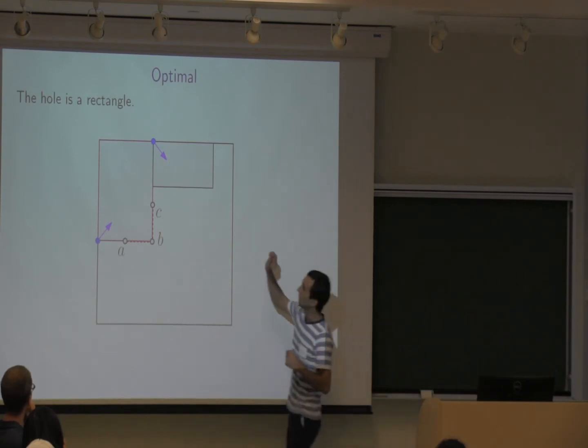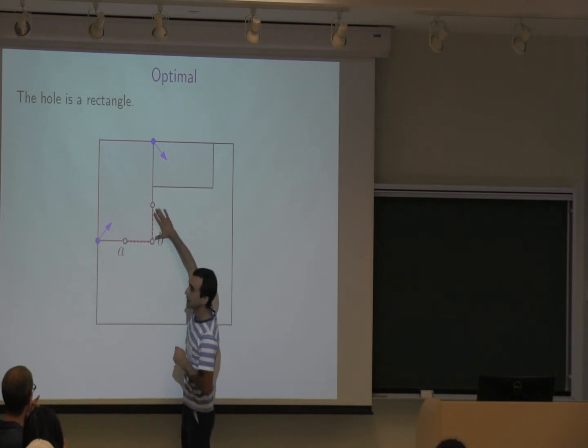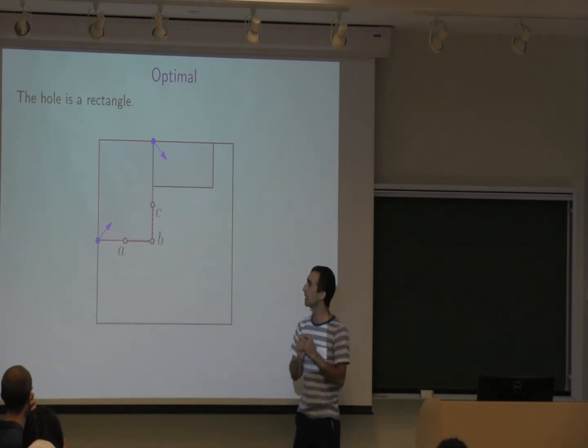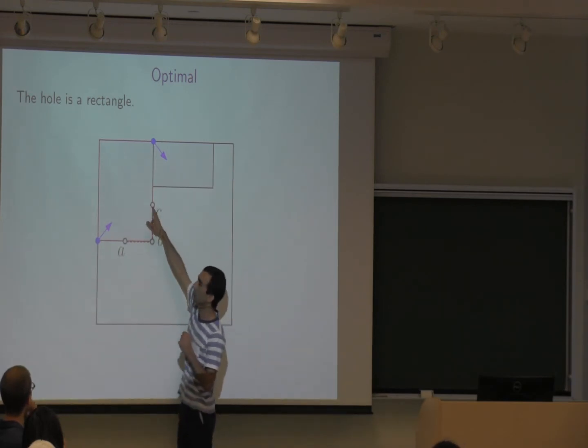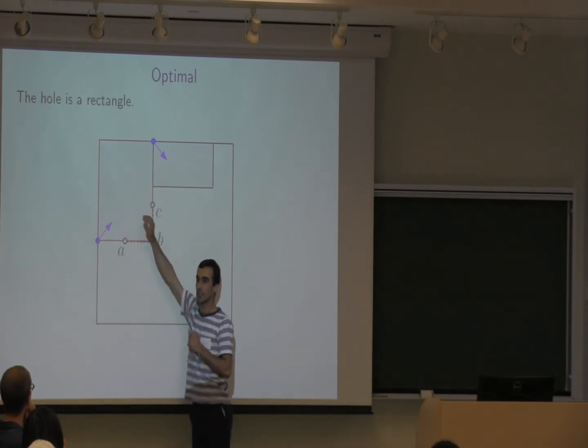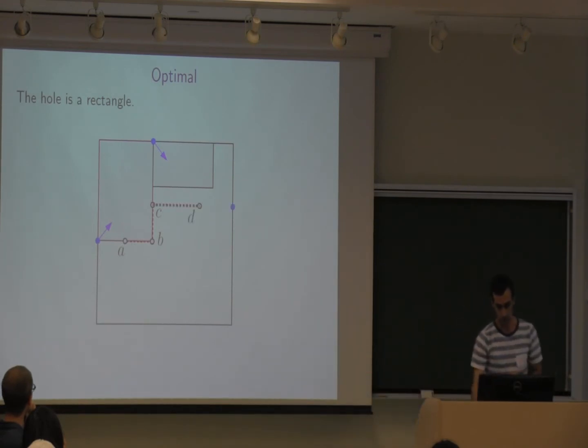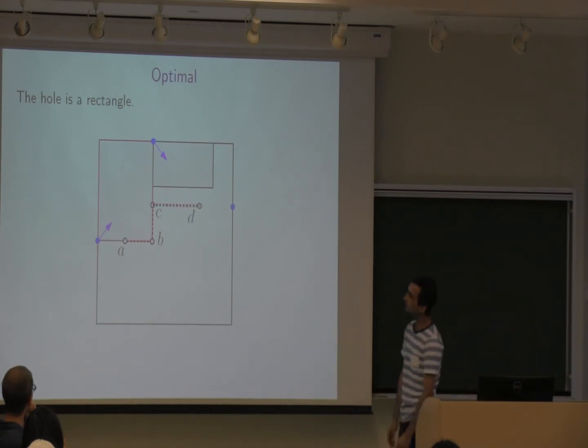Then, if I want to think of the point that introduced BC, then C is a vertex of the hole. So I couldn't just continue going up. I couldn't go on the left, so I must be going right at C. So I do this way.